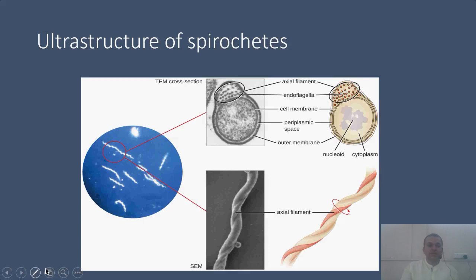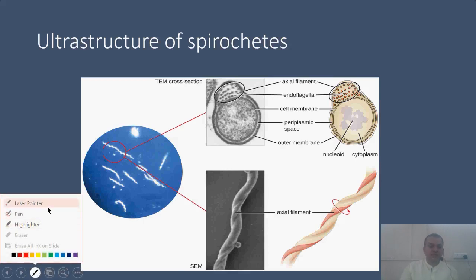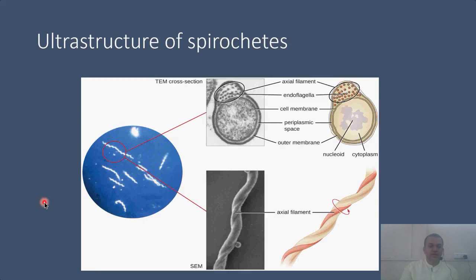If we look at the ultrastructure of the spirochetes in cross section, here we can see the three-dimensional, electron microscopic view of the spirochetes. Here you can see this bulging, which is nothing but an axial filament.